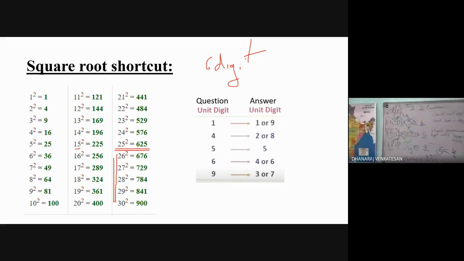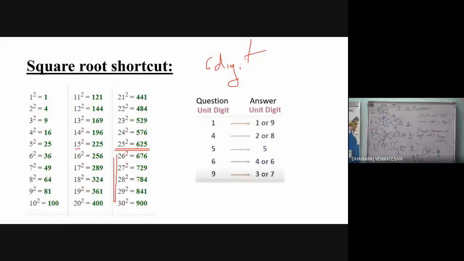Video is there. Whether now it is okay. Wait a minute, I will check.